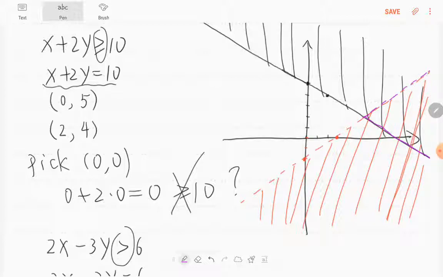So this side is included. The solid line means the solution on this side is included on this boundary, and the dashed line means the solution on this side is not included. And this is the common part. And this region is unbounded, right? You can extend this side forever. So this is unbounded.